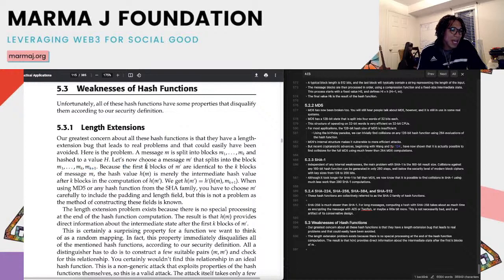Because the first K blocks of this new message are identical to the K blocks of the original message, the hash value H of M is merely the intermediate hash after K blocks of the computation of H of this new message, the hash of this new message.